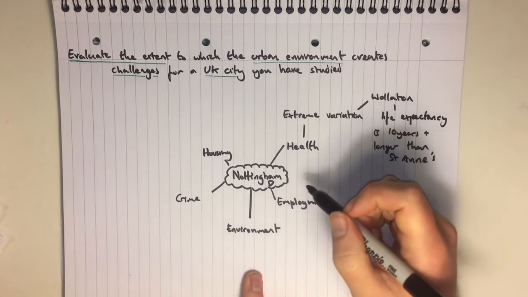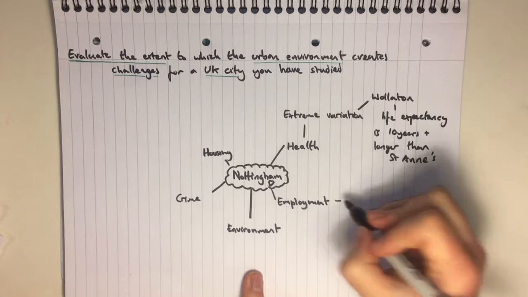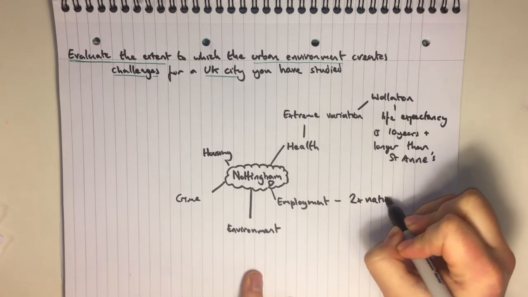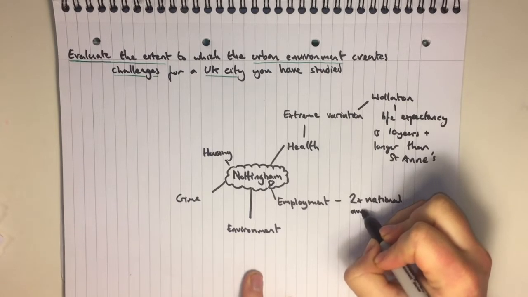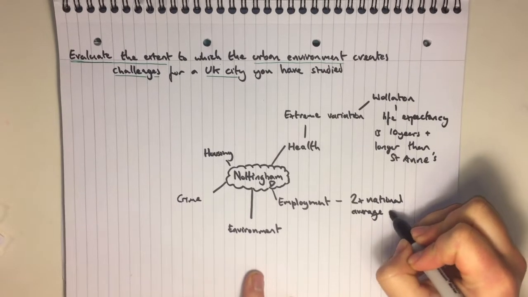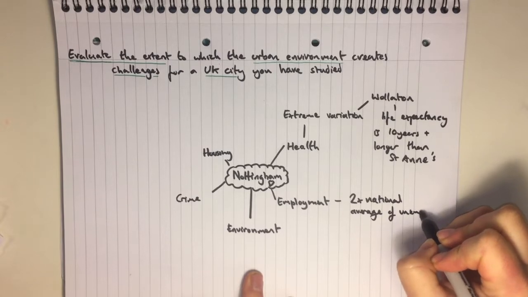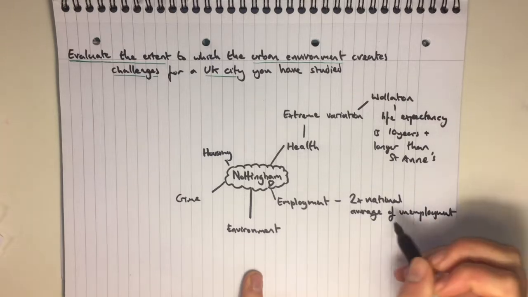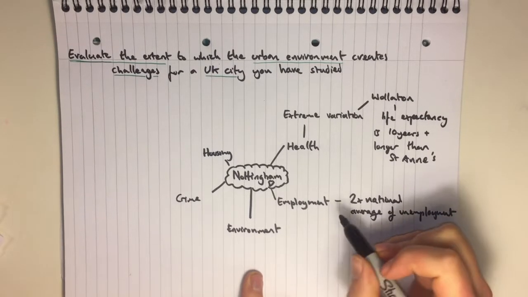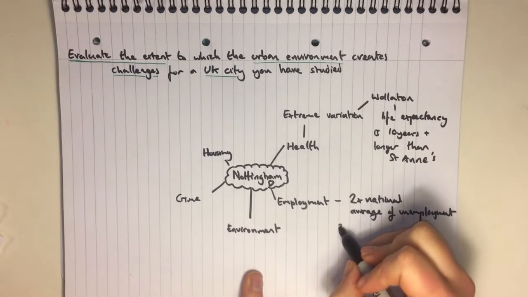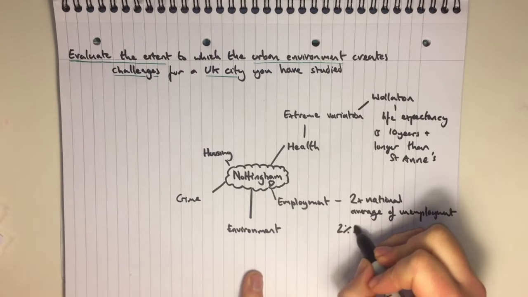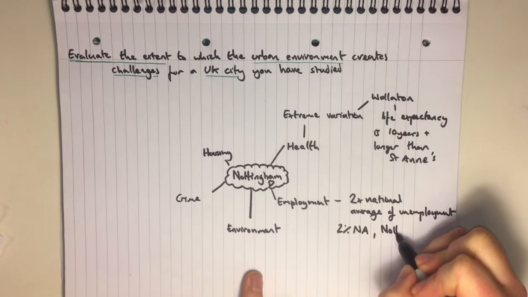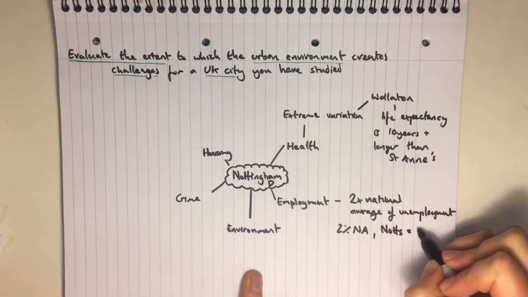Employment's another really interesting one in Nottingham. So Nottingham has 2 times the national average of unemployment. So the national average is 2%, so I'm just going to put 2% NA, national average, whereas Nottingham, I'll just put Notts here, is equal to 4%.